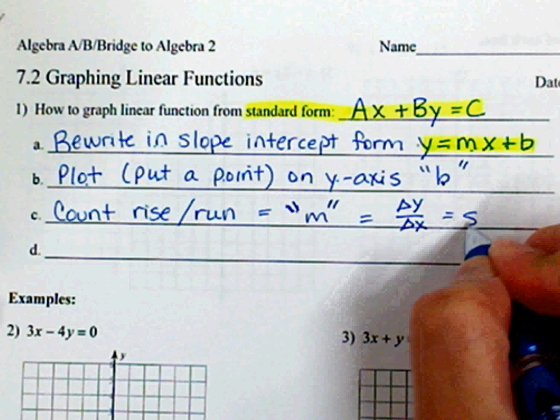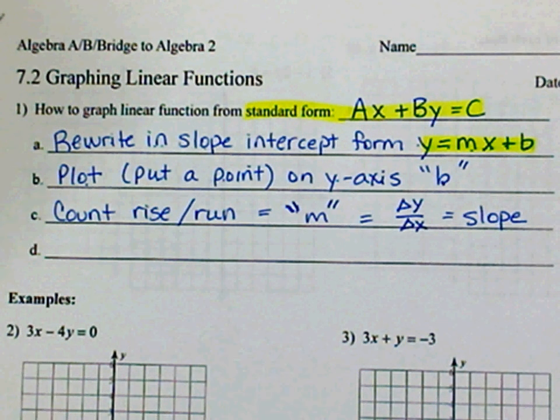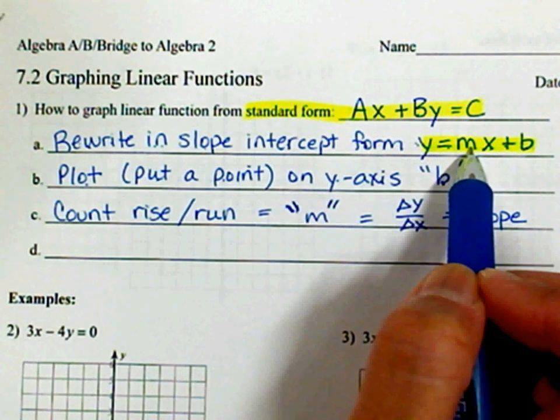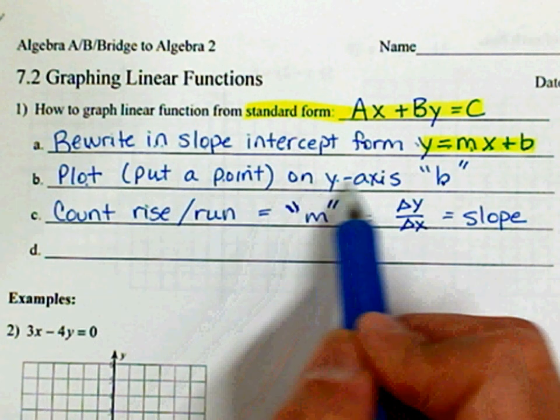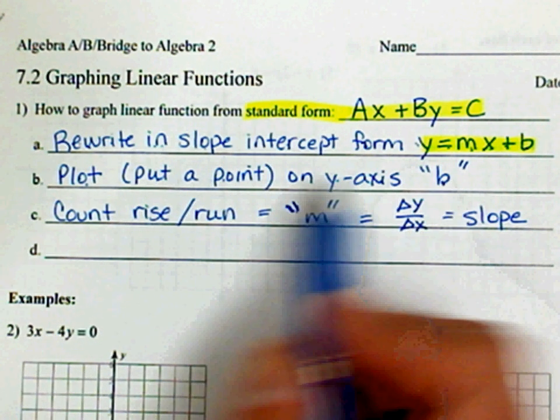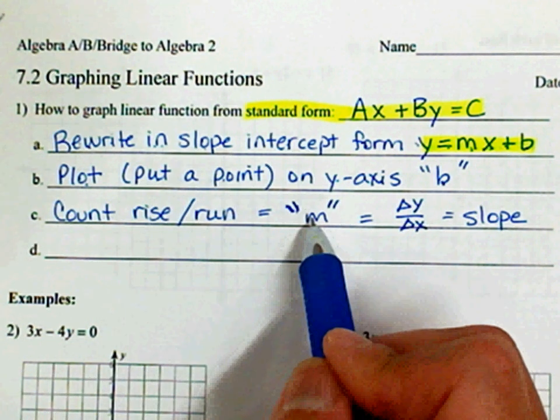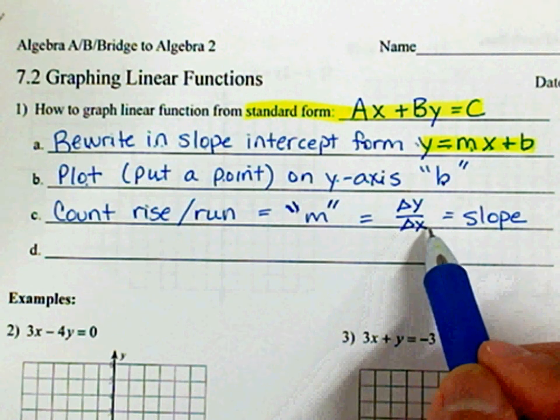And your m is your slope. So you're going to rewrite in slope-intercept form, y equals mx plus b. You're going to plot, put a point on the y-axis, which is your b. You're going to count your rise over your run, which is your m, and that's a change in y over a change in x, and that's your slope.